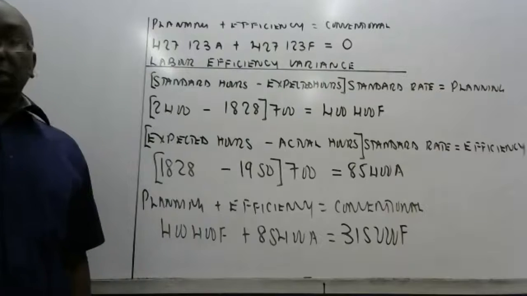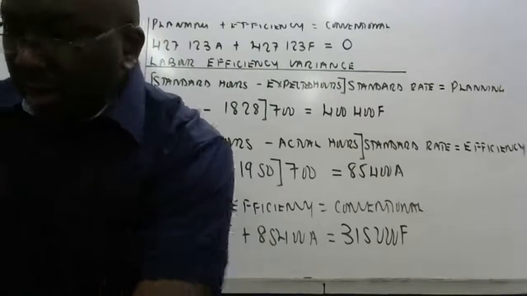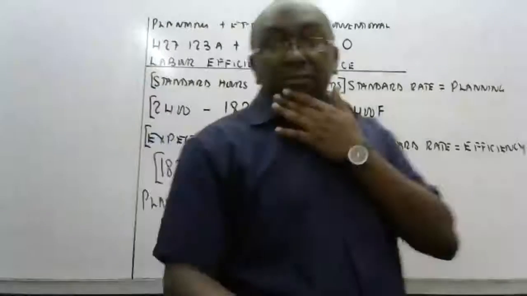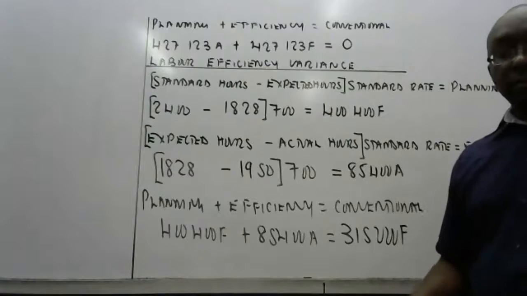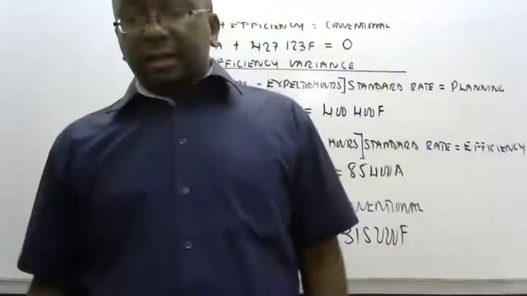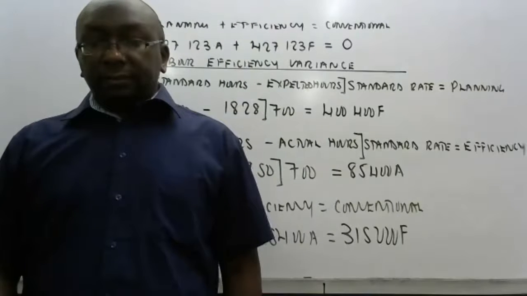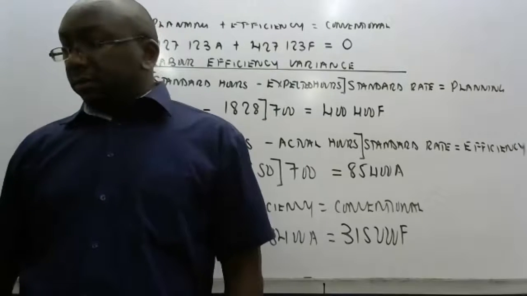Yes, 315. You can see that is the one that is given there. So are we okay with that? If we are okay, say yes. Yes, Ibrahim, Timothy, Josephine.